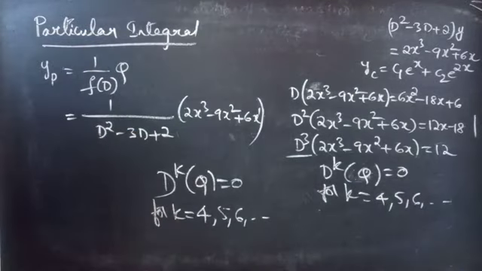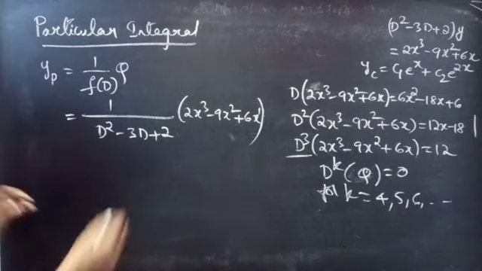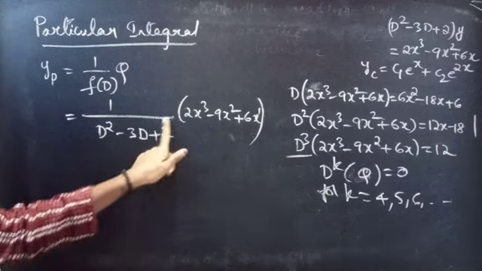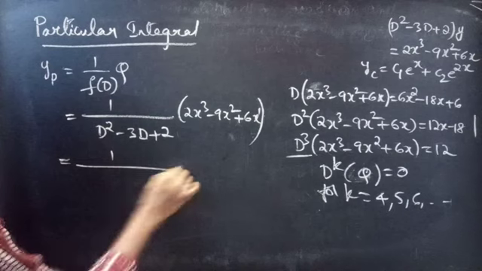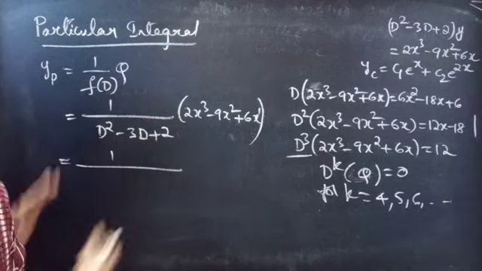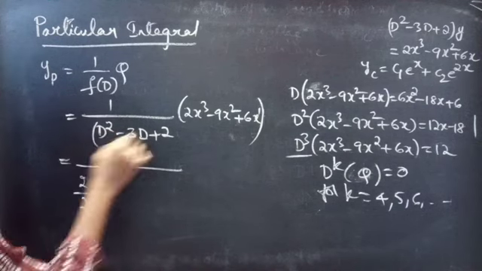Now coming to yp again. Here our f of D is in decreasing order. Let's take this 2 common from all the terms. Then we'll get 1 by... See, in the first 2 terms we don't have any 2, right? So let's multiply and divide 2 to these 2 terms.